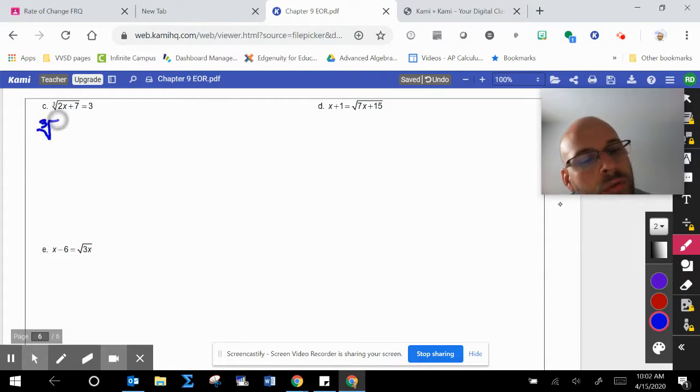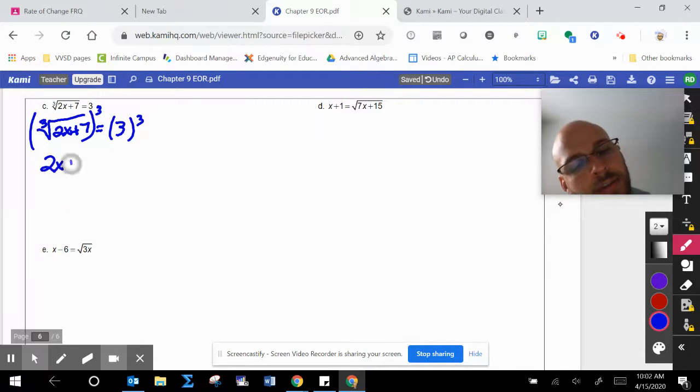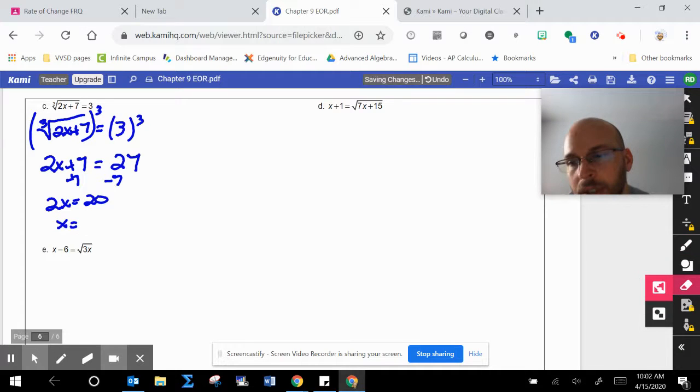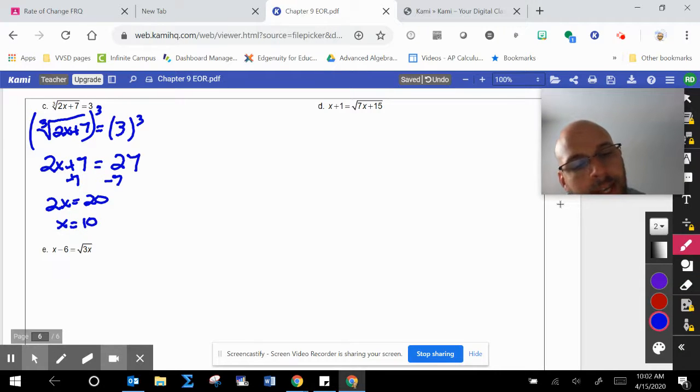If I have the cube root of 2x plus 7 equals 3, I want to cube both sides, and I get 2x plus 7 equals, now 3 to the third power is going to be 27. Subtract the 7. I get 2x equals 20. Divide by 2, and I get x to be 10.